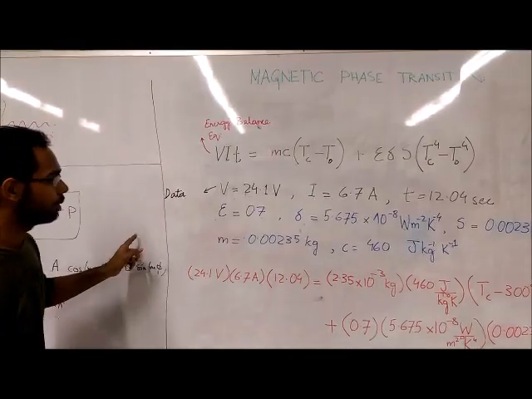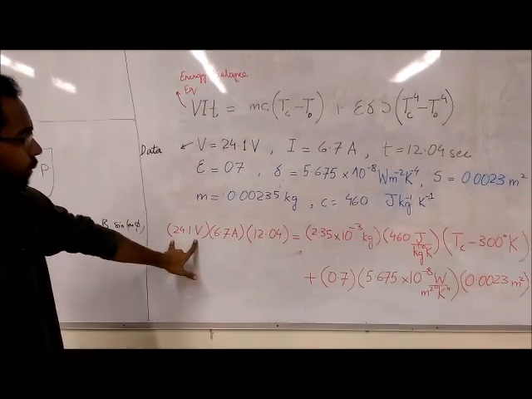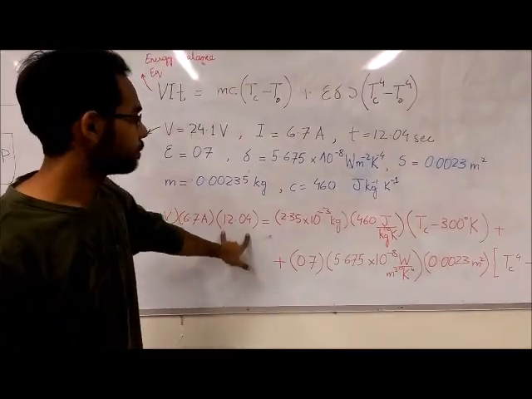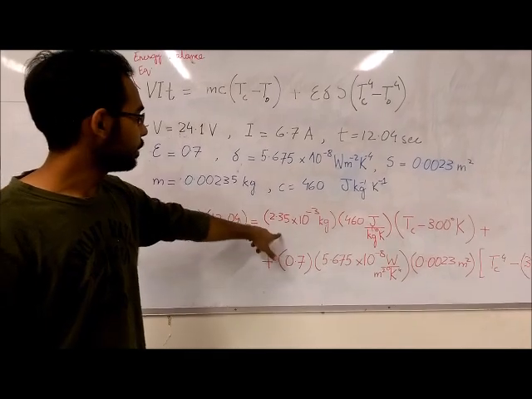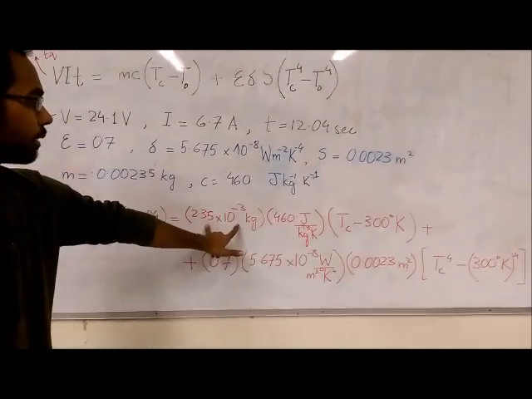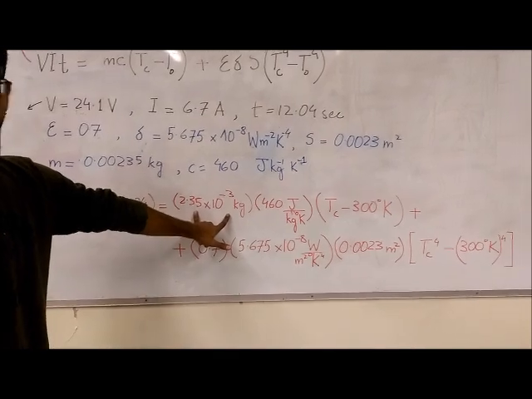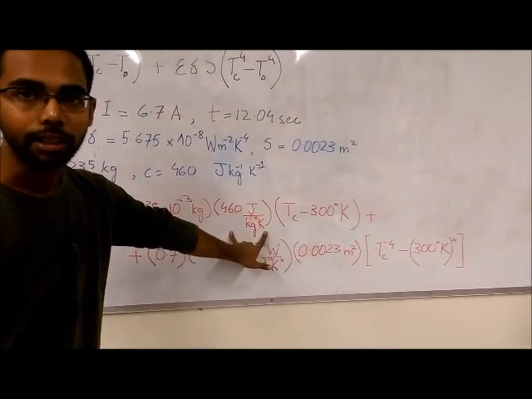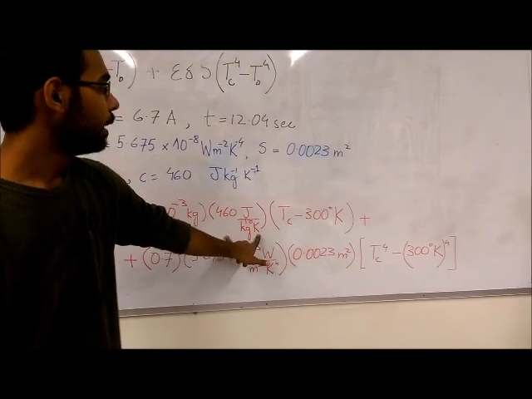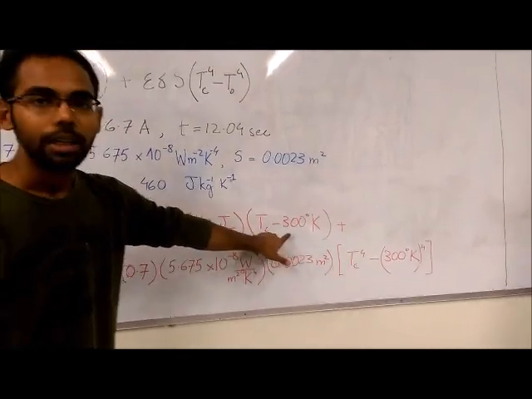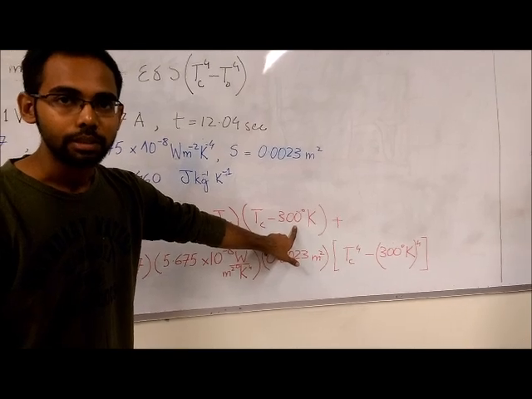Putting these back in, we find that 24.1 volts multiplied by 6.7 amps multiplied by 12.04 is equal to the mass of the wire that we use, which is 2.35 × 10^-3 kilograms, times the specific heat capacity of the wire that we use. Similarly here we took the room temperature to be 27 degrees Celsius.